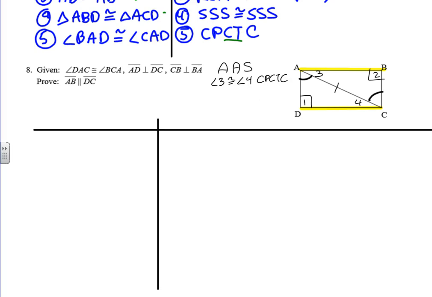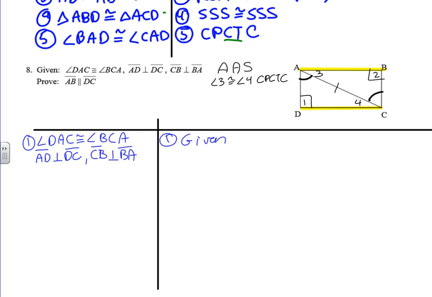So we've got our statements, reasons, okay. So we've got angle DAC congruent to angle BCA. We've got AD perpendicular to DC, and we've got CB perpendicular to BA. Okay, that is given. So what I'm going to do is go on my progression with right angles.